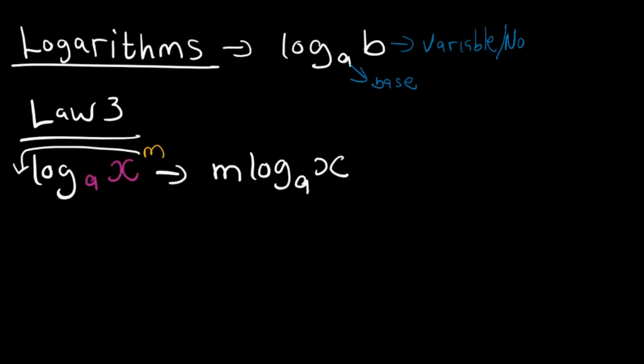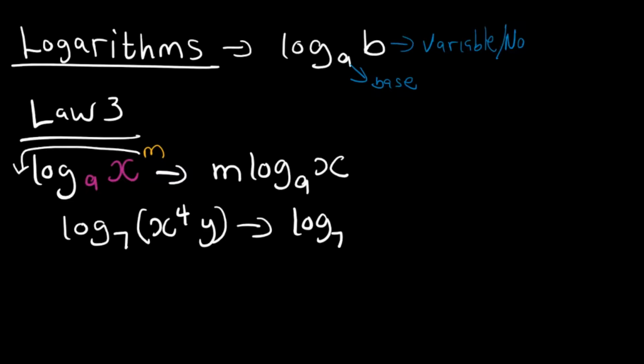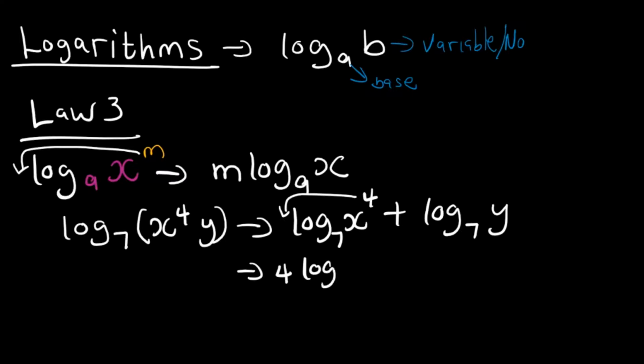So an example will be log base 7 into x to the power 4 y, which we're going to start with law 1 and expand this and say log base 7 x to the power 4 plus log base 7 y. Because we have to the power 4, we're going to drop it here. So we'll have 4 log base 7 x plus log base 7 y.